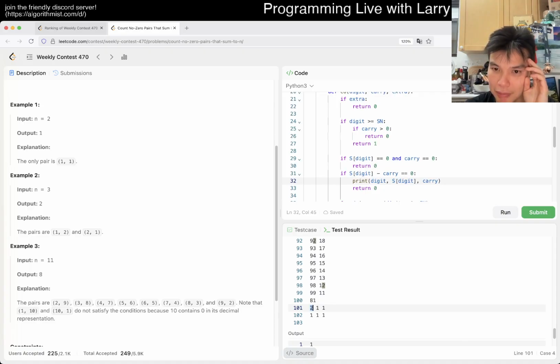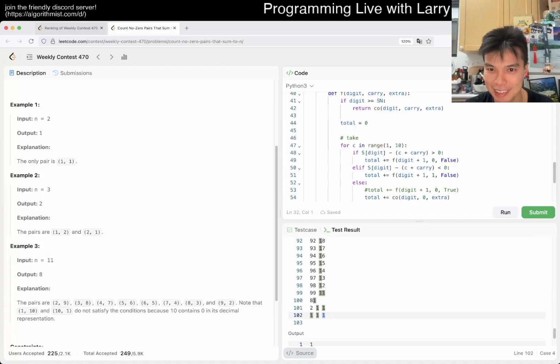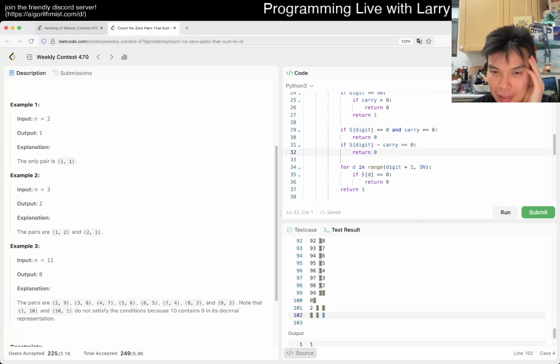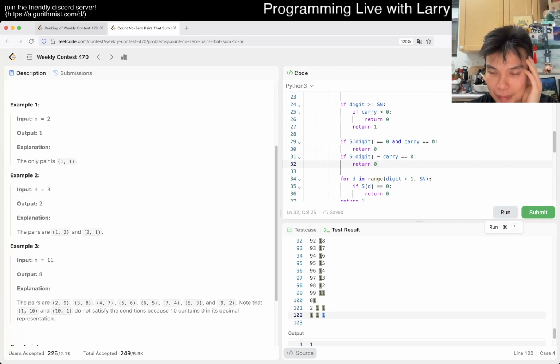So carry on the last bit, okay, 1. The digit is 1, the carry bit is 1, but then the caching is not helping. I think that's it, but something like this, but I can't. The carry is wrong, maybe?